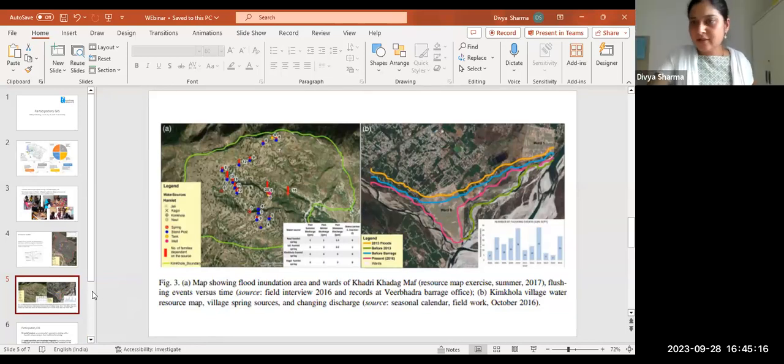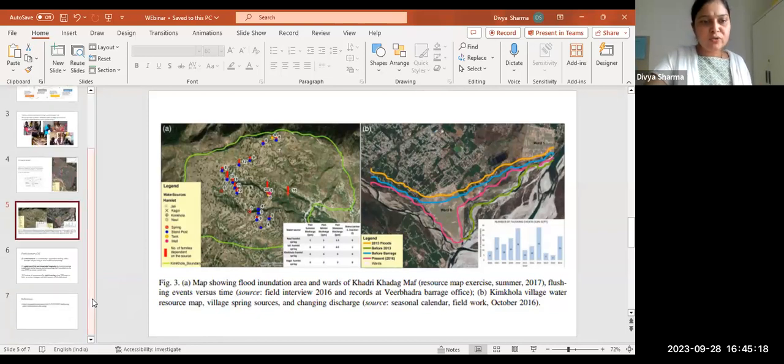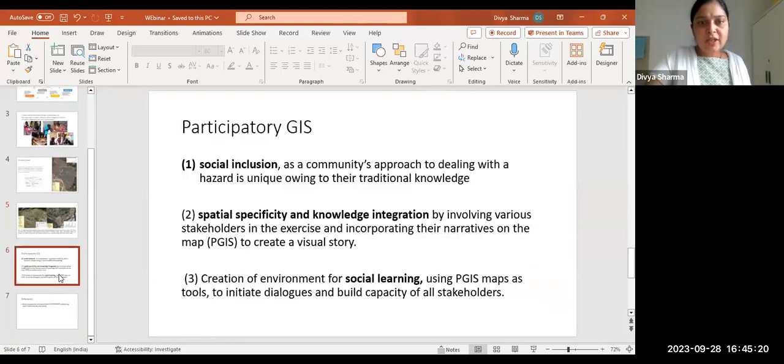So I just wanted to say that with GIS, you can have social inclusion as well as knowledge integration. You can take that map and go to different stakeholders. Even the administrators will have something in their hand to understand what the community thinks about, what kind of infrastructure they want, or what they are doing right now.